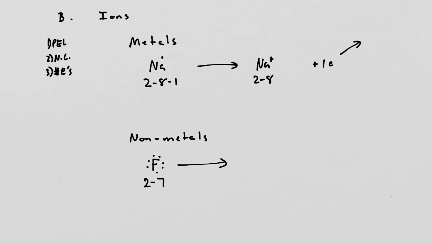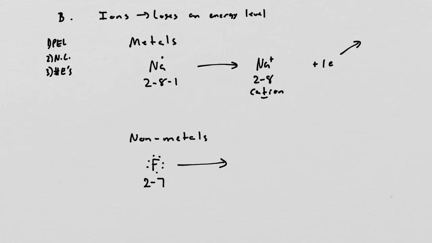Now, I put our 3 criteria over here to the left, okay, so we can go back to them. And again, we're going to start with criteria number 1 and see if that explains what happens here. Well, if you look at a metal and the metal ion, which is a cation, remember that's the positive ion, right? What you can see here is that essentially when the metal forms an ion, it loses an energy level.